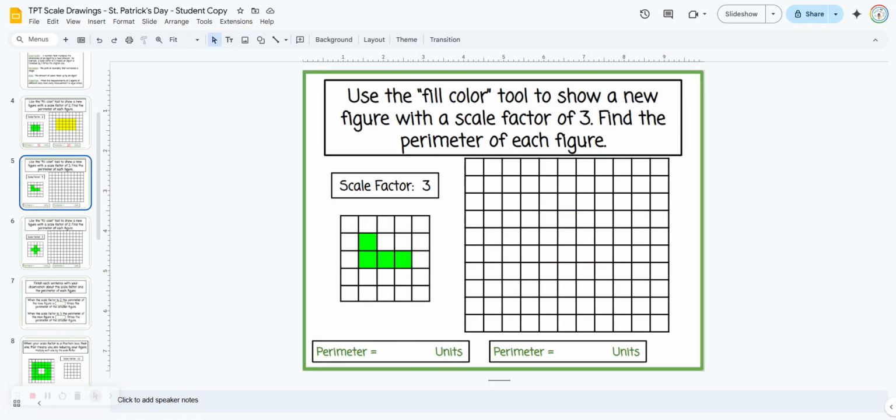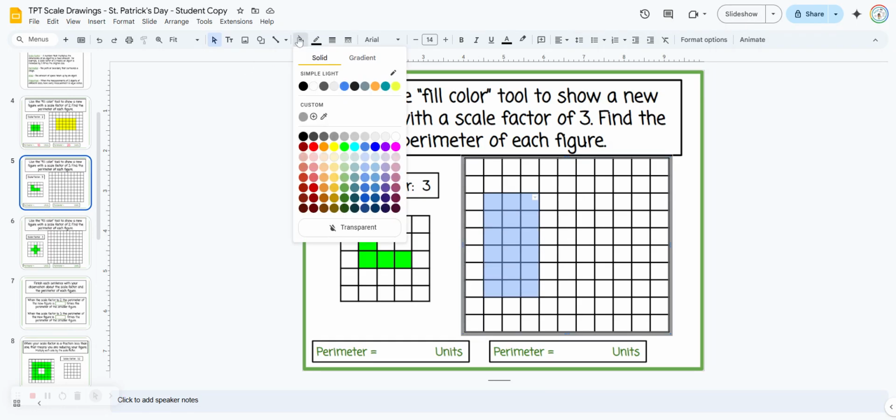The next figure is a little bit different. This time they're scaling up by a scale factor of 3. So each of these measurements, the units are going to be multiplied by 3. So this will be 6. They can only shade in a rectangle shape at a time.